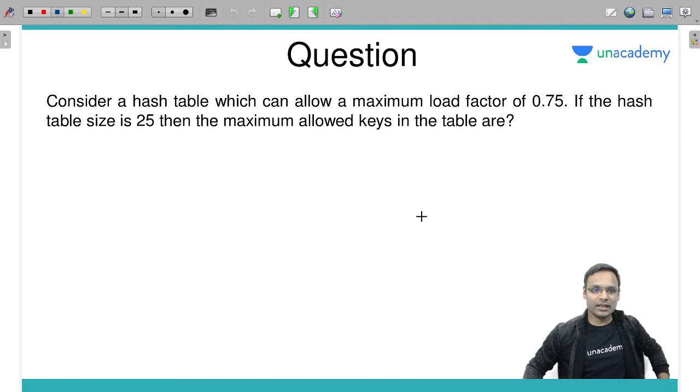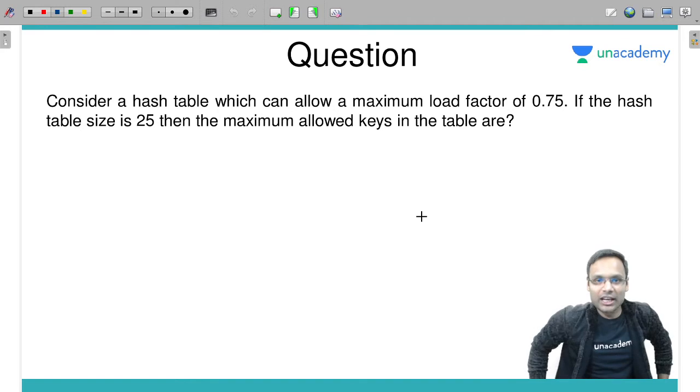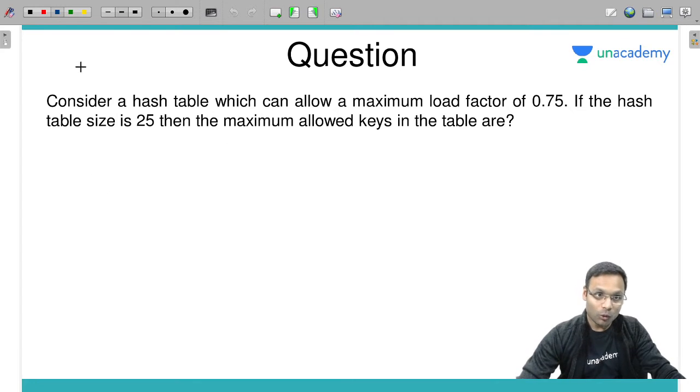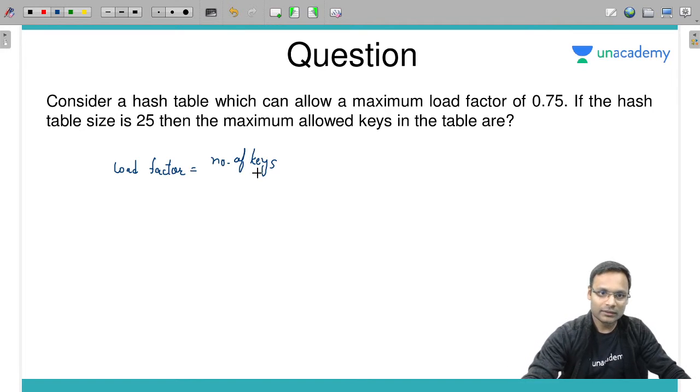Here it is. Consider a hash table which can allow a maximum load factor of 0.75. If a hash table of size 25, then maximum allowed number of keys in the table is? We know that load factor is equal to number of keys divided by number of slots.